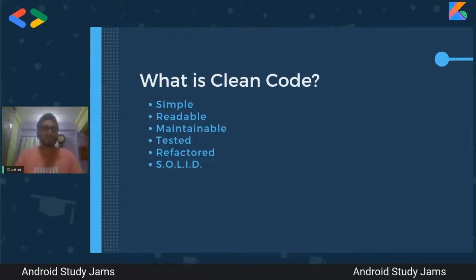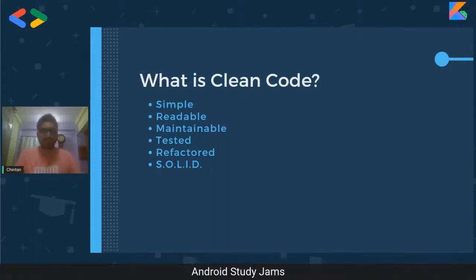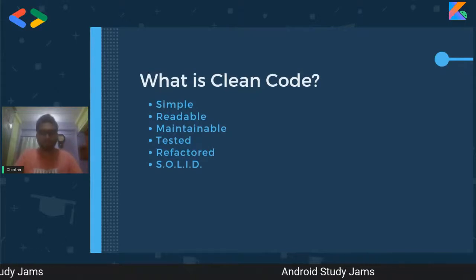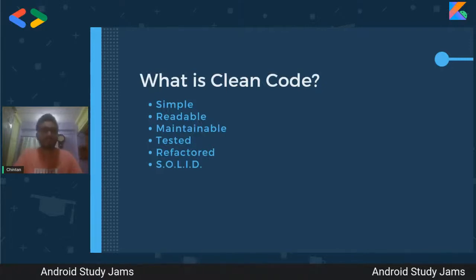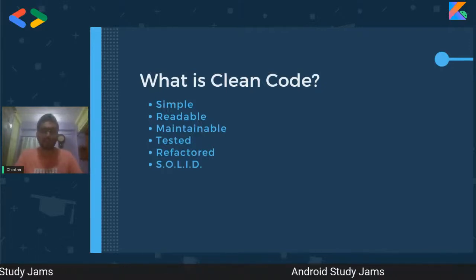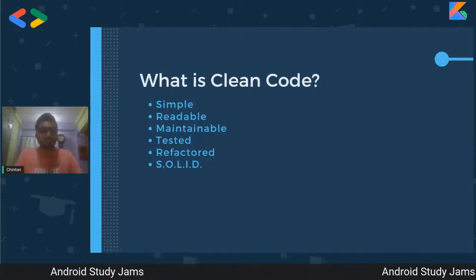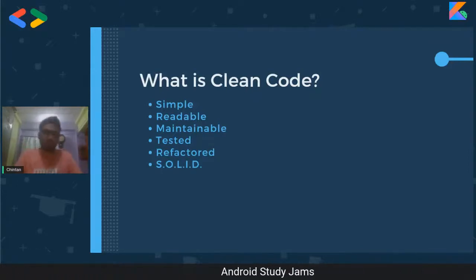Simple in the sense that when you are writing a function or declaring a variable, it should be very simple to understand. If you are writing a function which calculates two variables and returns some value, you should name it simply, like calculate variables, or maybe get sum of variables. So it is very simple and easily understandable by other developers.